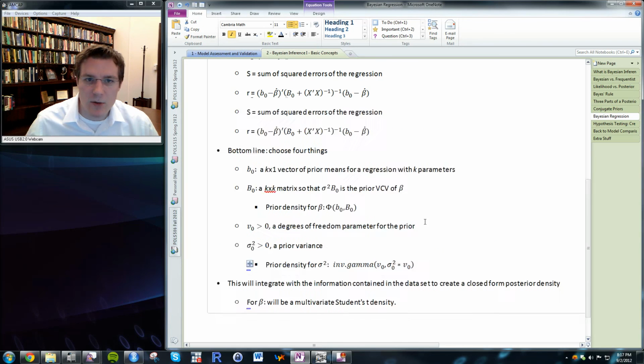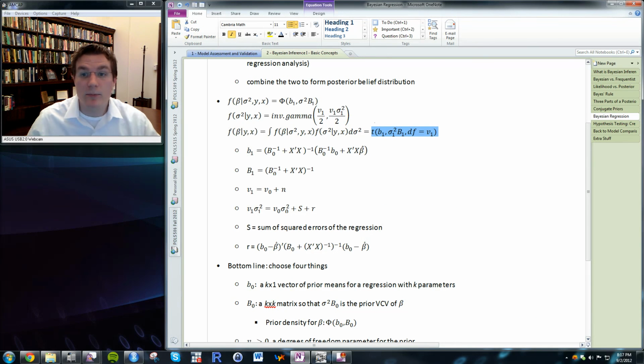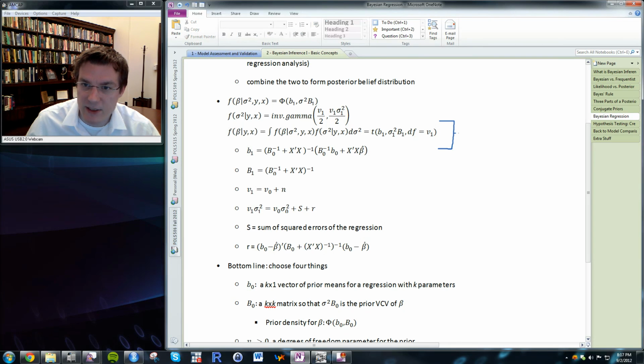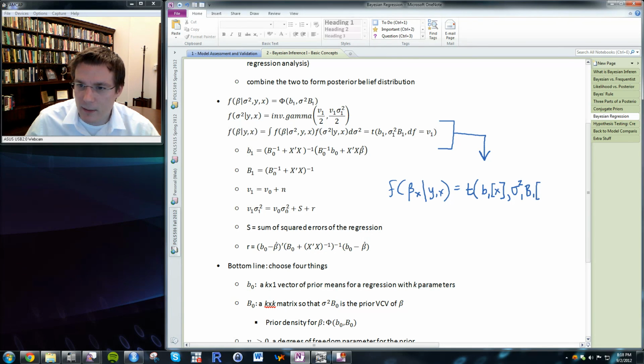If I wanted to know the marginal density of just one particular value, so for example, the density of just the x coefficient given y and x, that's going to be given by the multivariate Student's t distribution with the non-centrality parameter equal to beta 1 for this particular x value, the dispersion parameter equal to sigma 1 squared beta 1 for that particular x value, and degrees of freedom equal to v1.